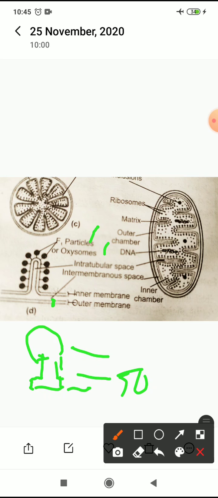So, if one glucose molecule gets completely oxidized into water and carbon dioxide, there is generation of total 38 ATP molecules.